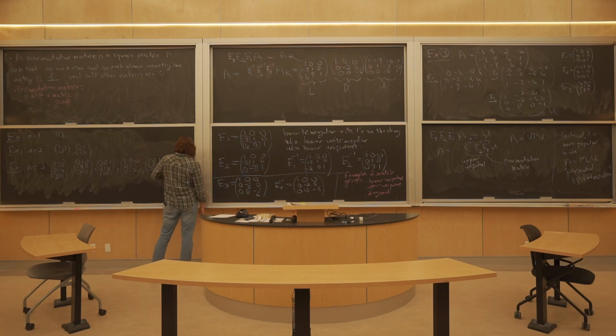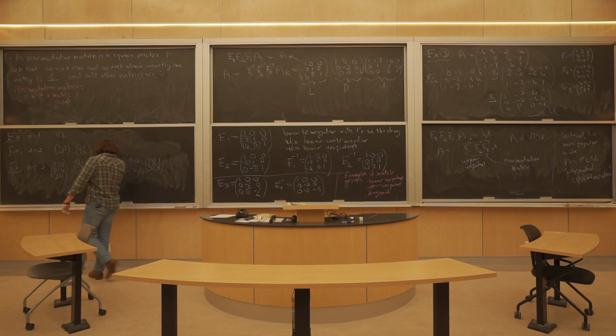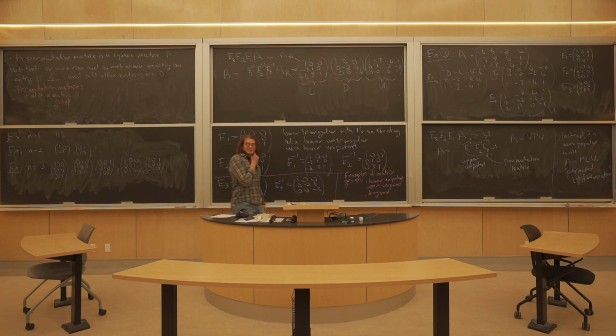There's a third one. My brain stopped, so I'm not going to write it, and we're out of time. And tomorrow, I'll tell you which one it is. Okay? These permutation matrices are very important. It's part of this whole thing. Thank you. I'll see you tomorrow.